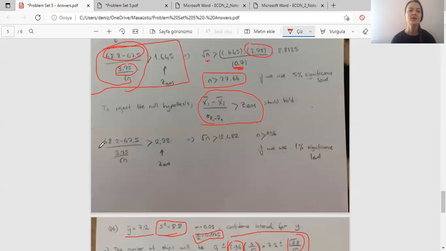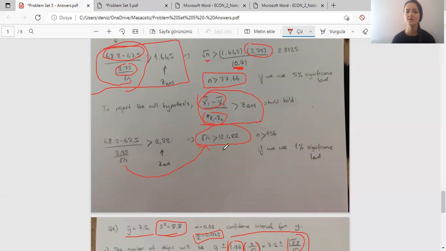Okay. Now again, we are putting the values, but we are not putting any n value because we are trying to find it. And then we are leaving this n alone. So we are finding the inequality as square root of n is greater than 12.48. If square root of n is greater than this value, we are able to reject the null hypothesis.